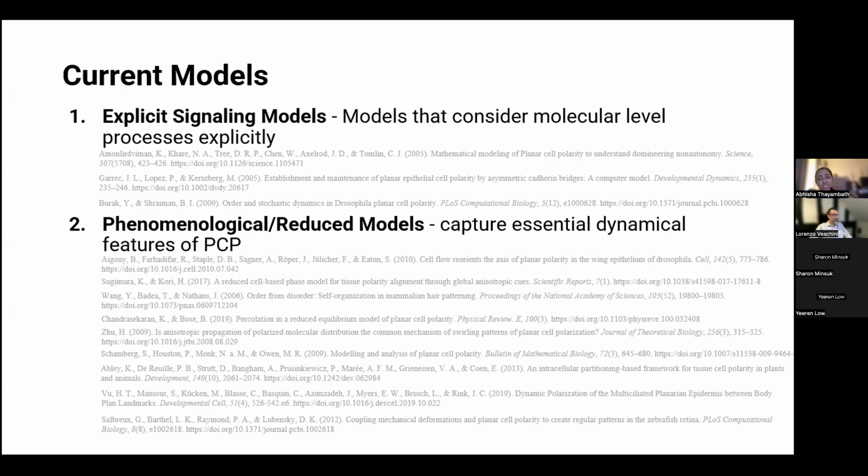These models delve into the intricate molecular processes. They try to analyze the protein interactions and subcellular localization quantitatively. Then there is a second class of models called phenomenological or reduced models that try to capture the essential dynamical features of PCP. These models capture the coarse grain behavior of the system and highlight the core principles that drive planar cell polarity.